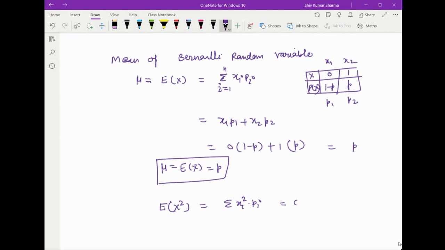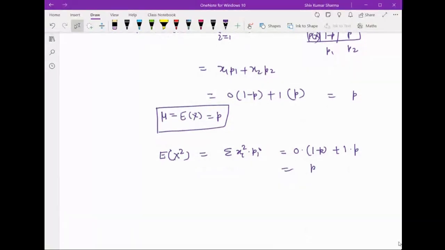So 0 square is 0 into 1 minus p, plus 1 square is 1 into p. So this also gives us p. Expectation is also p.